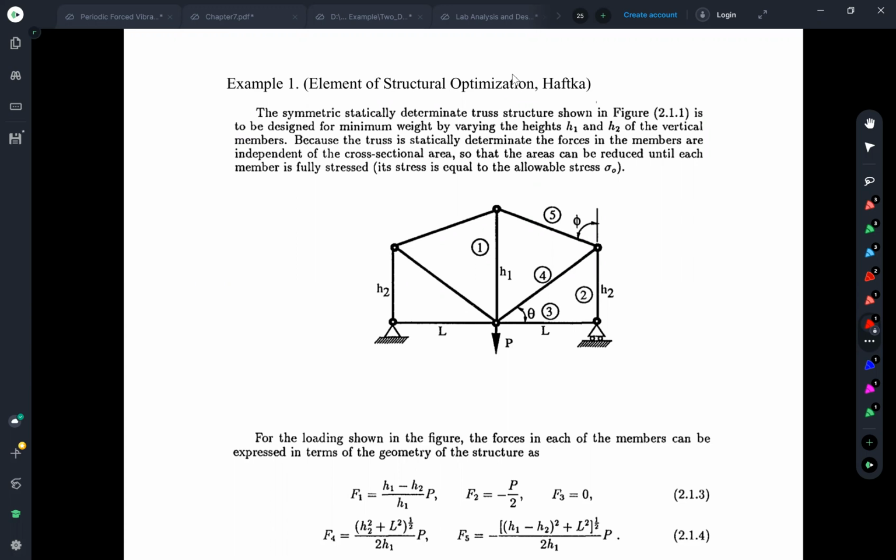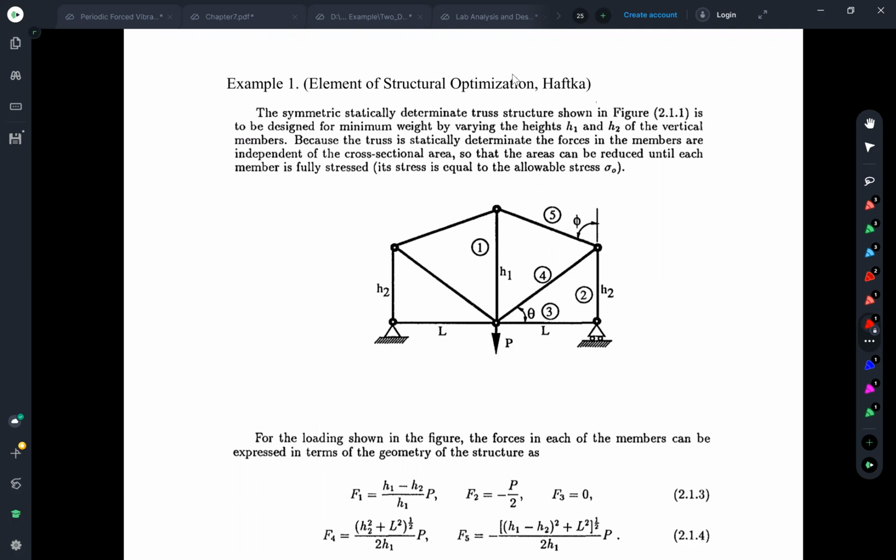But in this example, we will look at a more precise real-world case where the engineer would like to design this truss with the cheapest option, the minimum weight. If I ask you to do this problem without the knowledge of optimization, I believe it is very, very difficult.